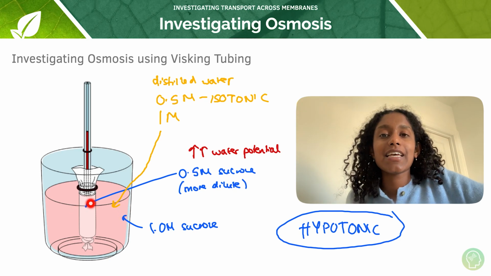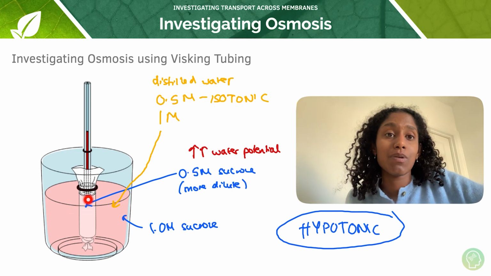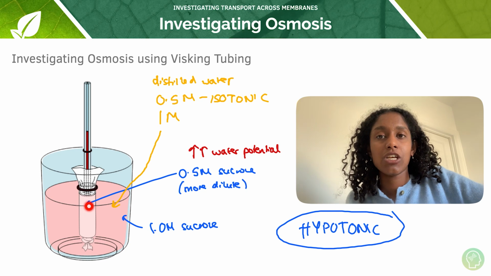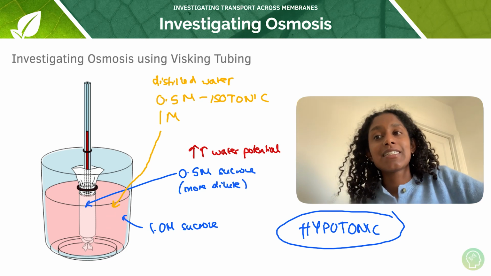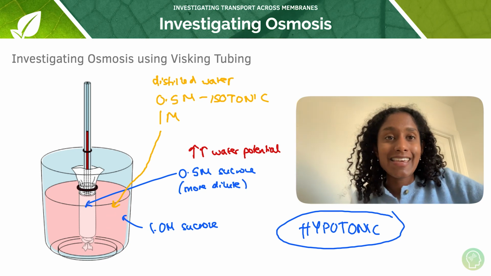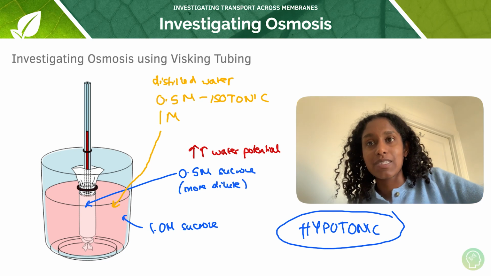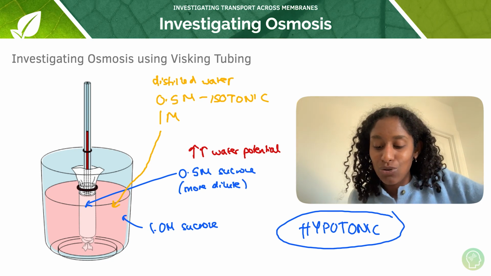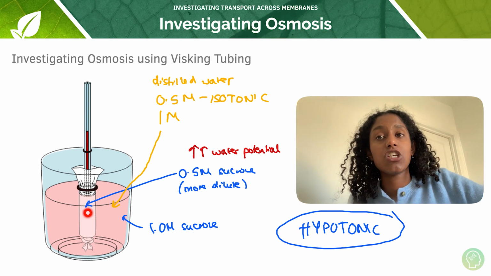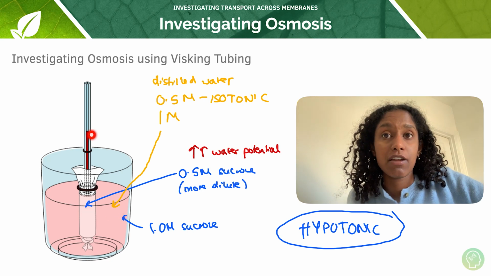So again, we're going to get that movement of osmosis, but this time it's happening from inside the tubing to outside the tubing, down its water potential gradient, that net movement of water molecules. And what's that going to do? That's going to cause the level in our capillary tube to fall.